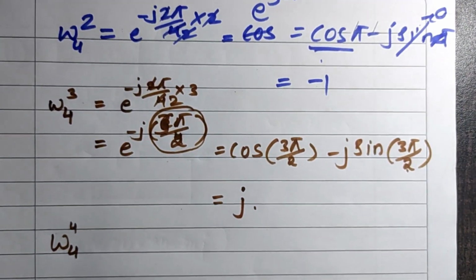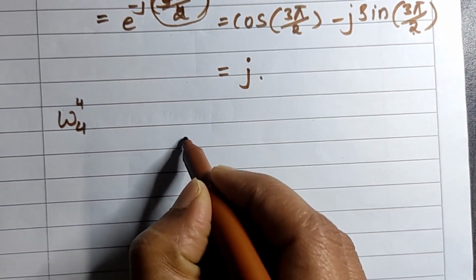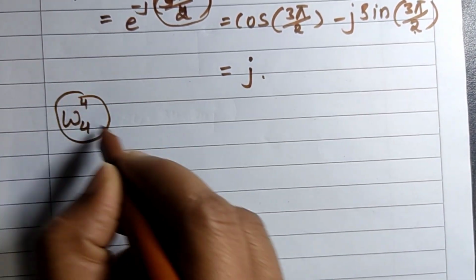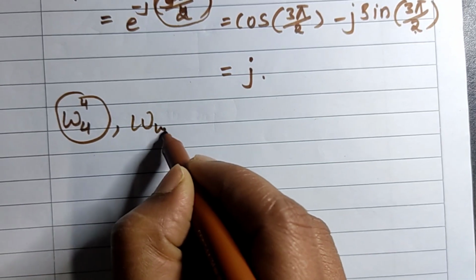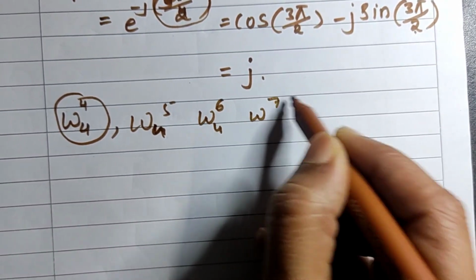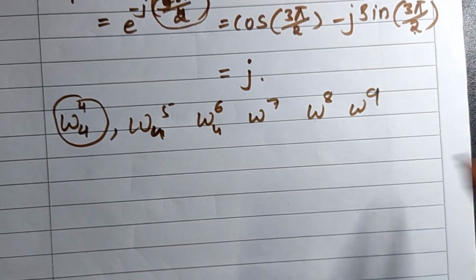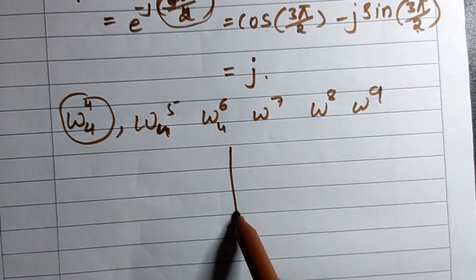Through a circle also we can represent. So that one can be done like this. How to find out omega 4 raised to 4, or omega 4 raised to 5, 6, 7, 8, 9 and so on, right? How many we want? We want 9. Till 9 we can represent.